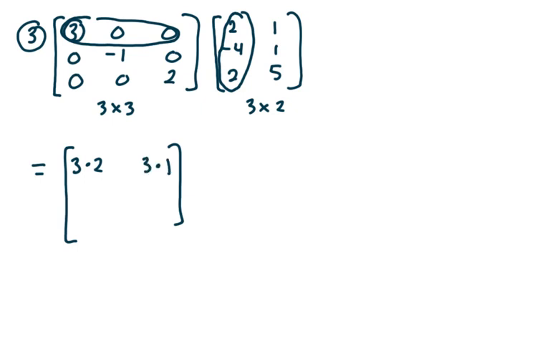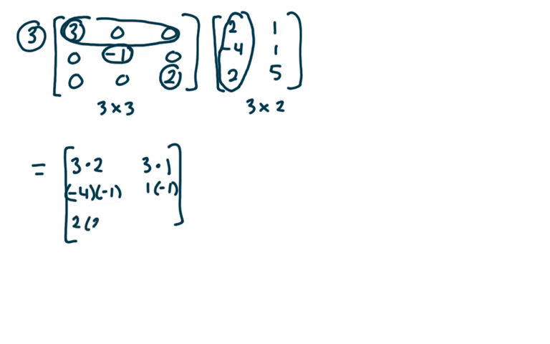And then what I do is I'm going to take negative 1 and multiply it by every entry in the second row. So this is negative 4 times negative 1, and then 1 times negative 1. And then I'm going to take that 2 times every entry in the third row.